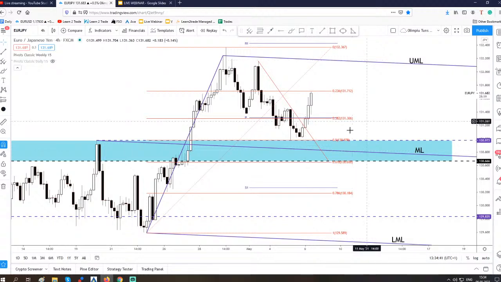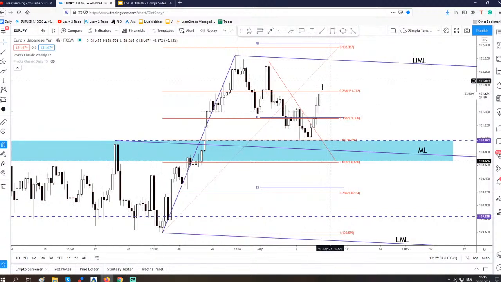So the medium line, the upper medium line, the lower medium line, all these lines act as magnets. So when the price fails to reach the medium line, it could be attracted again by the upper medium line. So this position looks good, we're in profit, and it could approach and reach our target, maybe today.